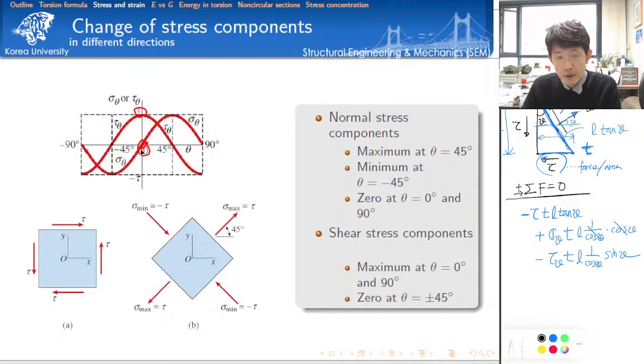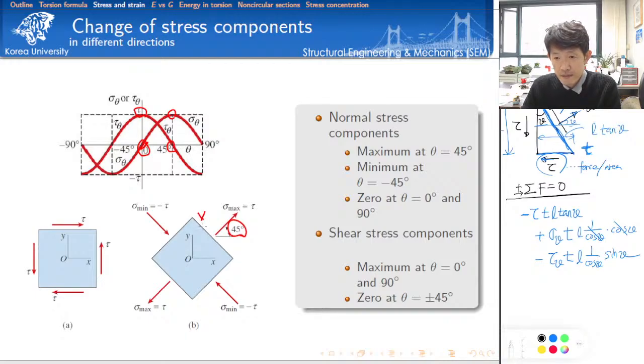But if you increase the observation angle to, for example, 45 degrees, then we have a very interesting feature here. The normal stress is increased to the maximum, that corresponds to this point, and then shear stress becomes 0. There's no shear stress. Tau theta at 45 degrees is equal to 0.